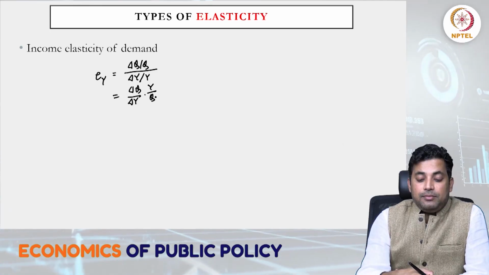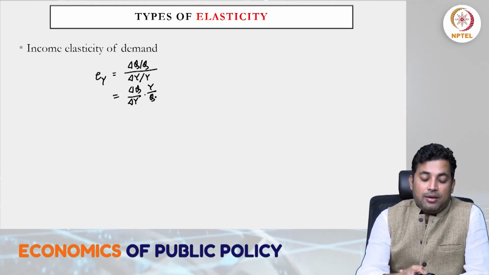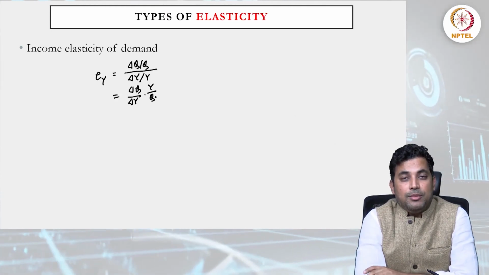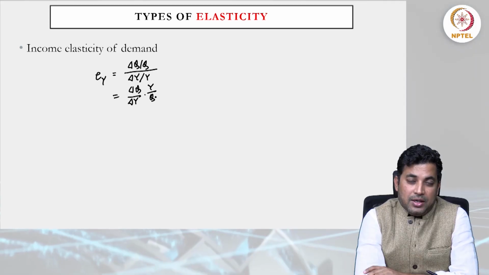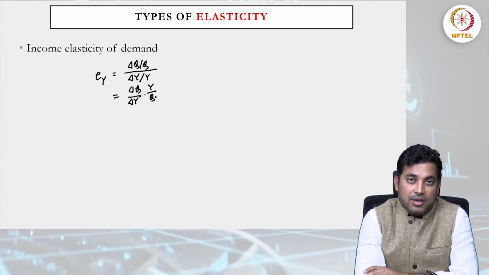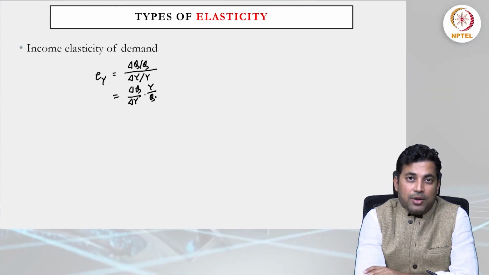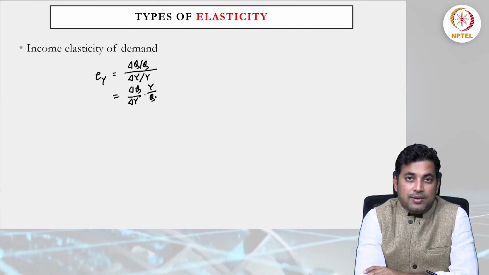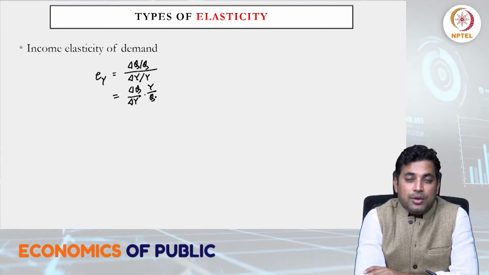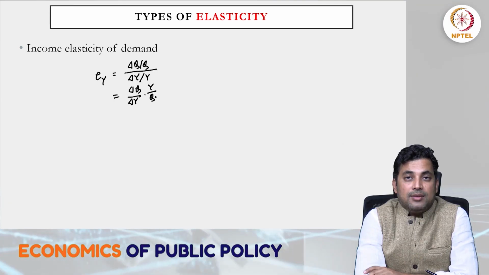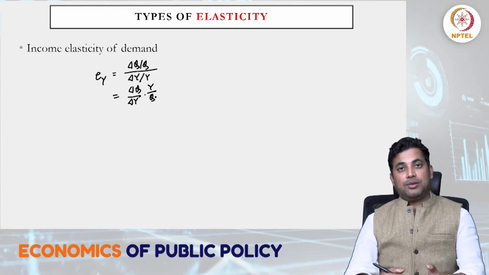And here we can also bring in the concept that we already discussed, if you recall, about normal goods and inferior goods. If demand for a commodity increases as income increases, that is regarded as a normal good. If demand for any commodity decreases due to an increase in income, that will be regarded as an inferior good. So in case of inferior goods, income elasticity of demand can be taken into account and analyzed.